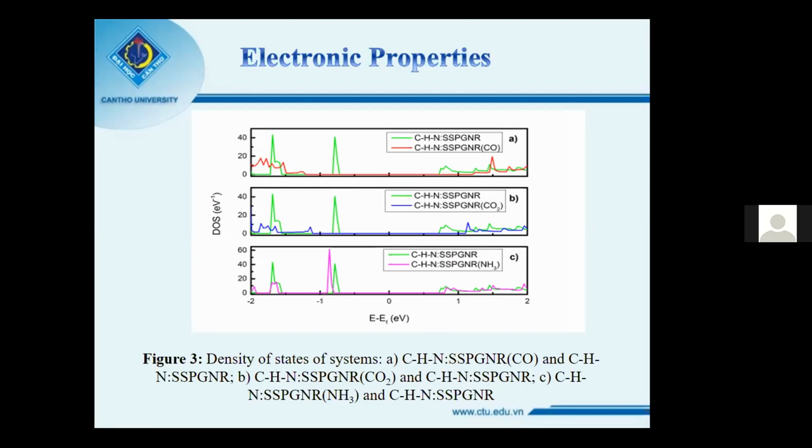In figure 3, we see that after the absorption of gas molecules, the density of states of the system changes and the band gap on the three samples expands. The band gap of CO absorbed nanoribbons in nitrogen is the largest.